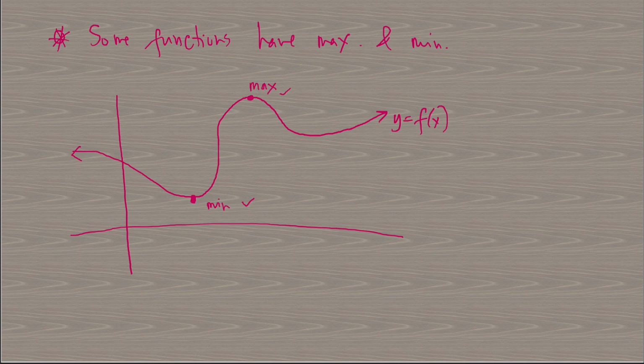And the fourth one, some functions may have both a maximum and a minimum. So far, those are the different ideas that you should remember when you are talking about the maximum point and the minimum point of a particular function.